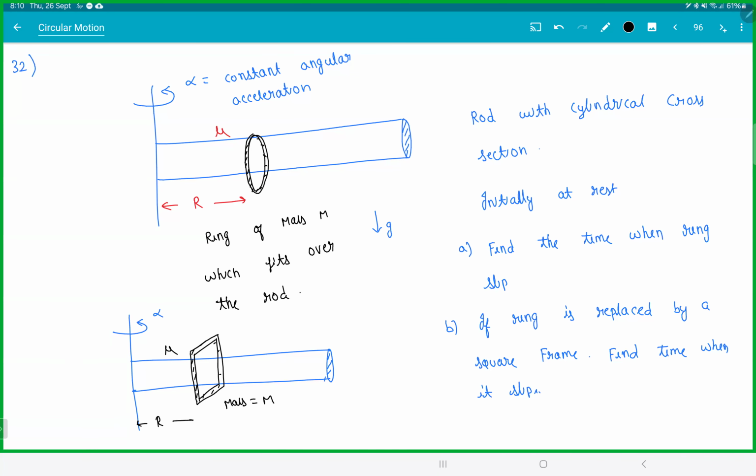First I'll put a ring and ask when it will slip, and then I'll put a square frame and ask when it will slip. I hope the question is clear. Anyone who didn't get the diagram, please ask me. Think, it's a good one. Let's get the first part. Think about it for 2-3 minutes, then I'll give you some ideas.